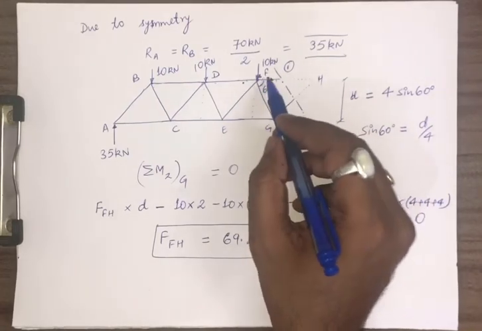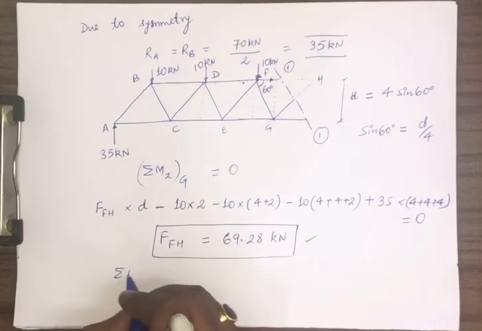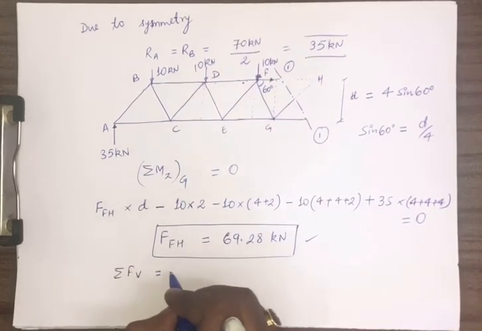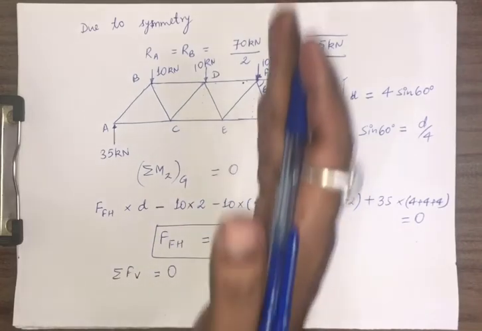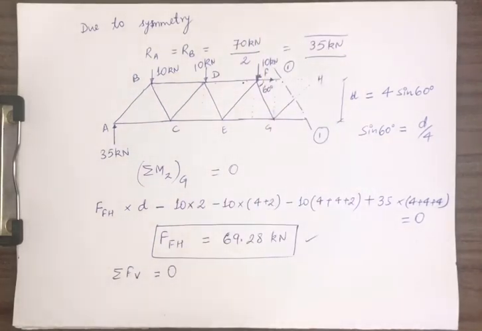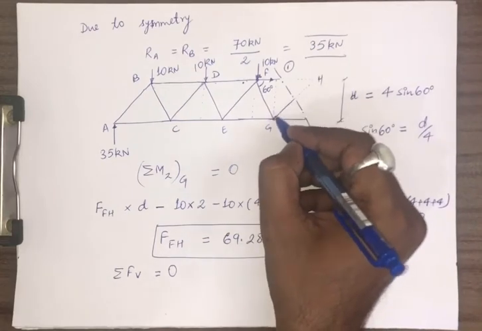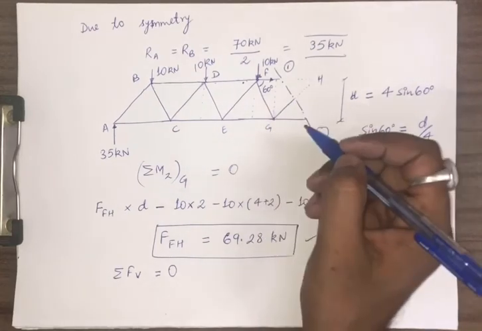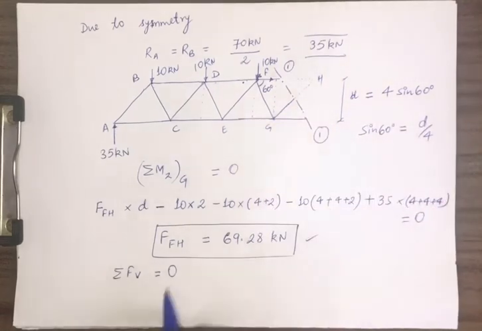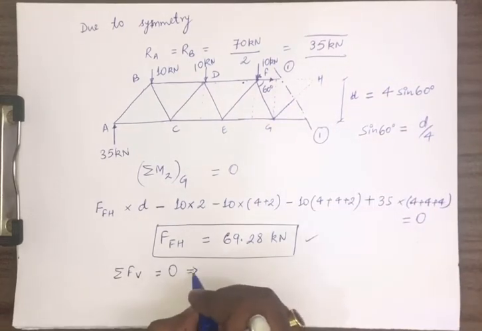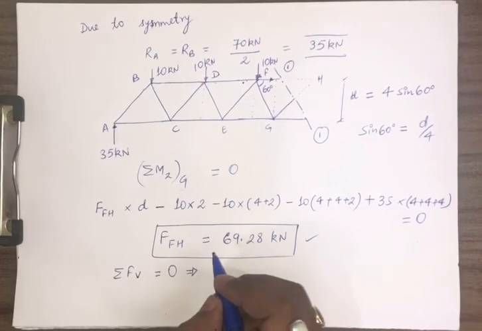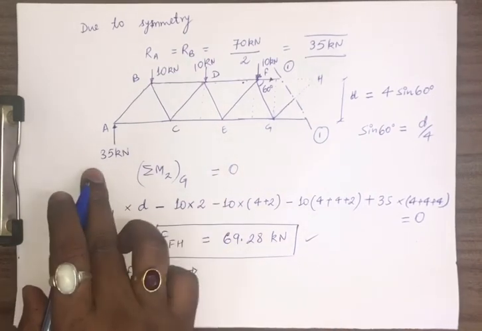So if we are taking the summation of all the forces in vertical direction, what is going to happen? Only the vertical component of this force is coming into picture, so only one unknown will be there.